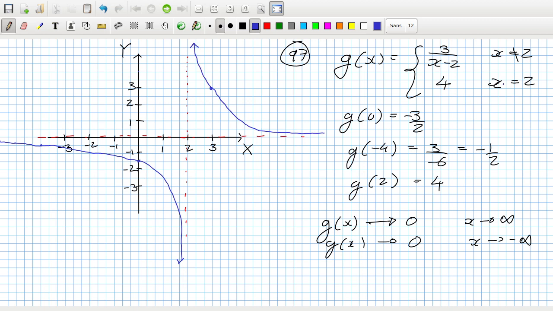And then when x is 2, we have 4. So I should mark in here 4. So when x is 2, we have 4. Okay. 97. So that actually should be in the solutions here.